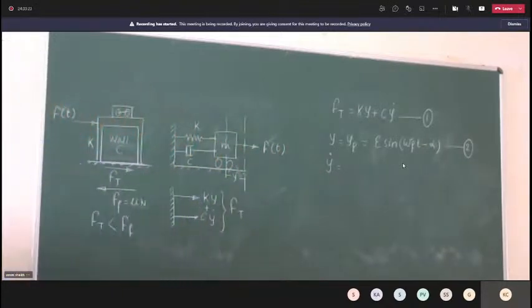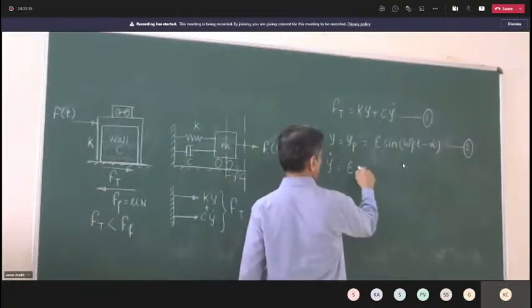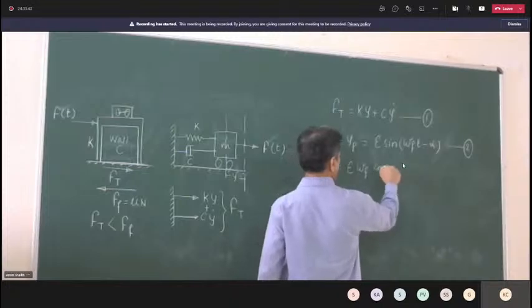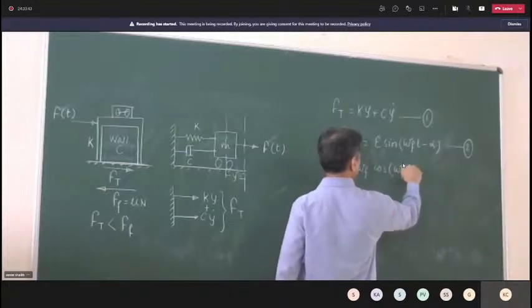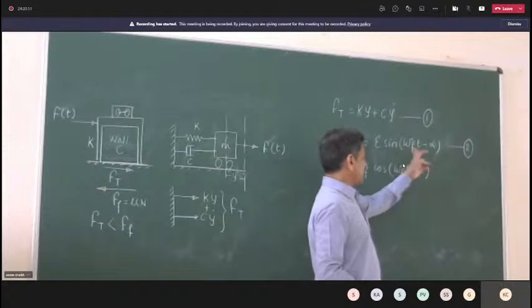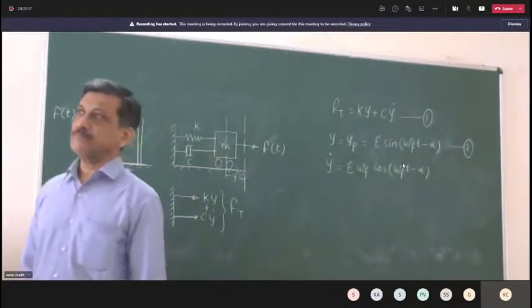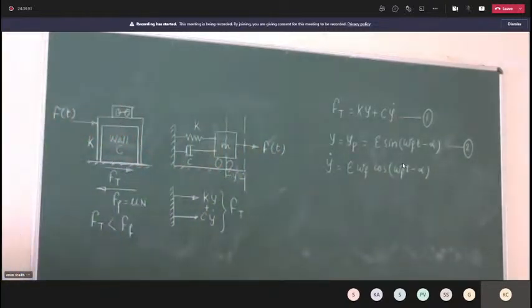Take derivative of this equation 2. So derivative of equation 2 is e omega cos omega f t minus alpha. Derivative of sin theta is cos theta. And this theta, I have to take derivative of this bracket further and multiply it. Now substituting these in equation 1.